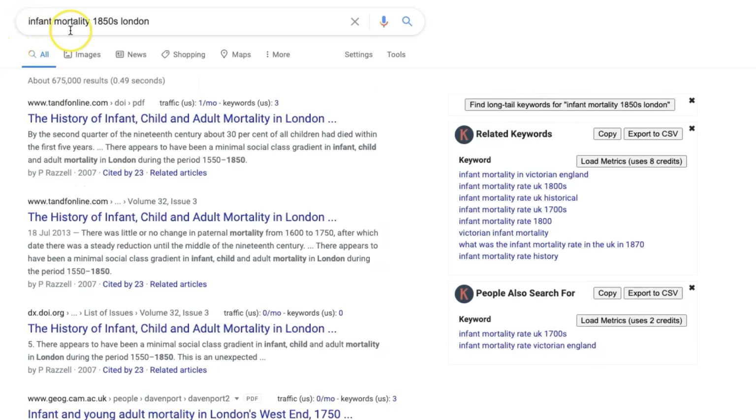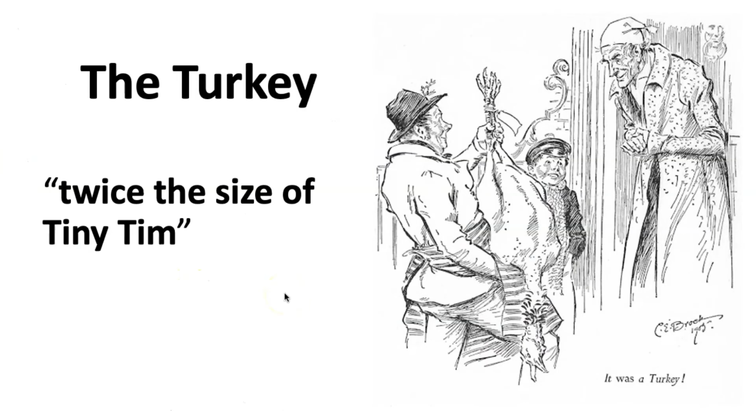If you type infant mortality 1850s London, the first fact that comes up is that 30% of all children had died within the first 5 years. And that's not just children of the poor, that's children in society everywhere. So Tiny Tim isn't just an overly sentimental character that Dickens has introduced into the novel. He's actually incredibly real to the readers.